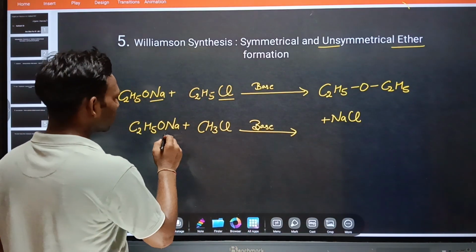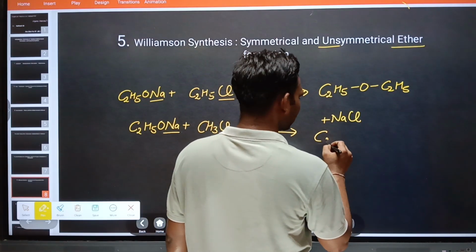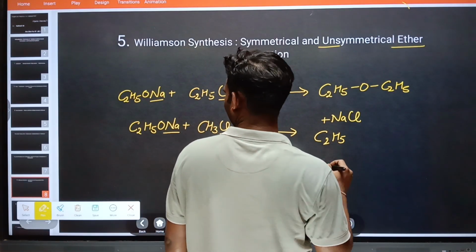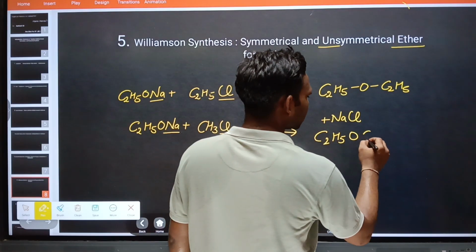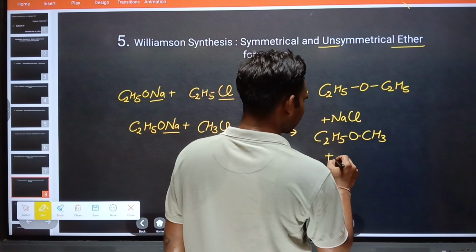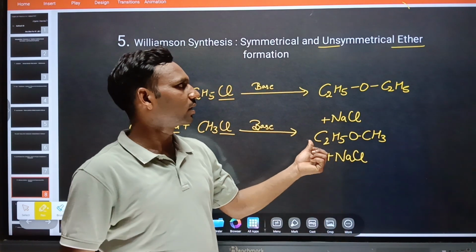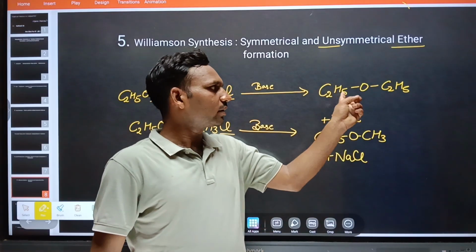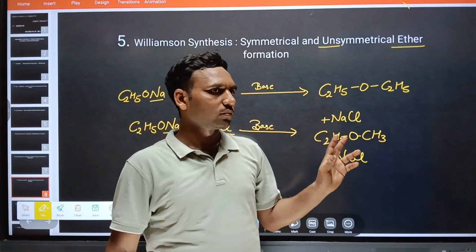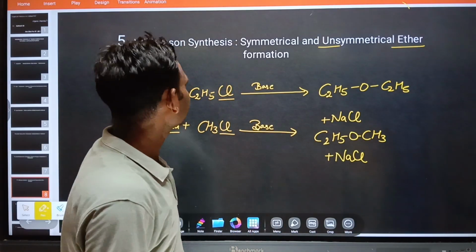Okay, so Na and Cl are removed. Then it forms C2H5O CH3 plus NaCl. That's our unsymmetrical ether, and that's our symmetrical ether. Both define the equation, symmetrical and unsymmetrical.